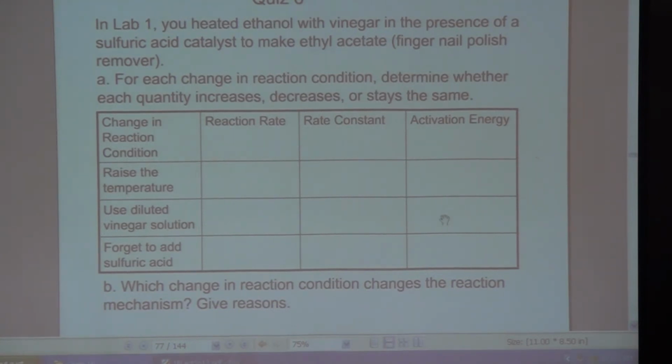Okay, so by lowering the concentration, does that change the sequence in which bonds break and bonds form? Nope. So, again, note that changing the temperature or changing the concentration does not change the reaction mechanism. If you forget to add the catalyst, does that change the reaction mechanism? Yes.